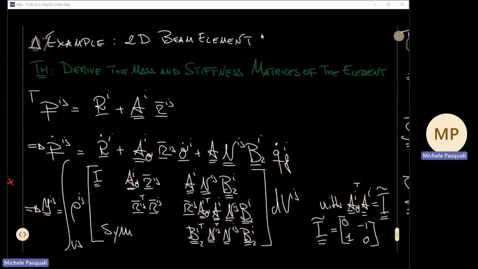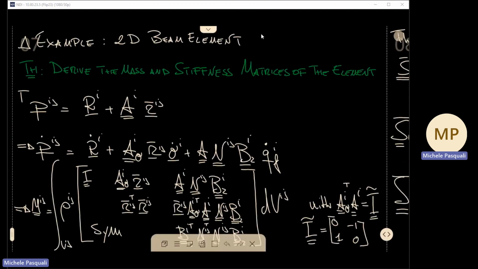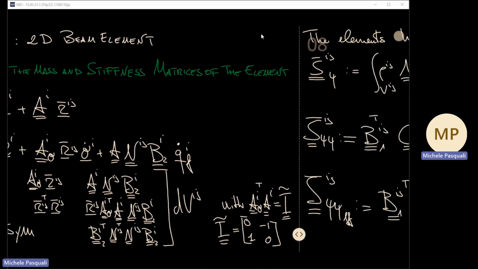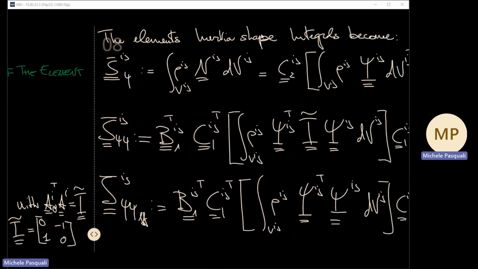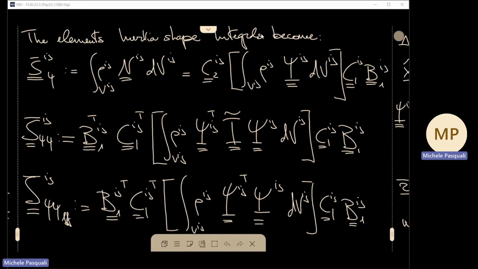We also started the example of a 2D beam element with the objective of deriving the mass and the structural matrix of the element. In so doing, we defined a series of topics to specify, in the case of a 2D analysis, the findings that we generally derived for the 3D case.